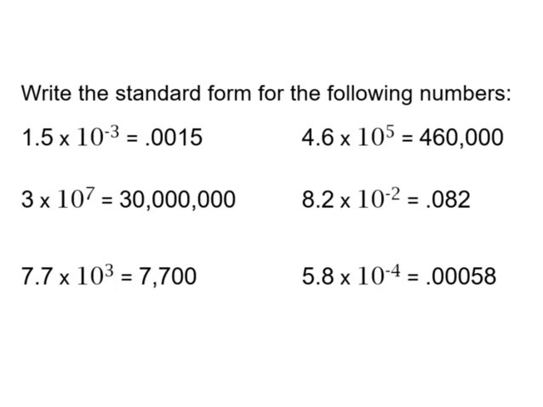For 8.2 times 10 to the -2nd power, our standard notation is 0.082. For 7.7 times 10 to the third power, our standard notation is 7,700. And lastly, for 5.8 times 10 to the negative fourth power, our answer is 0.00058.